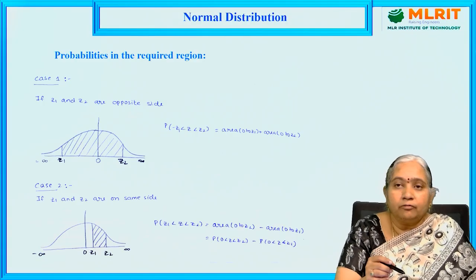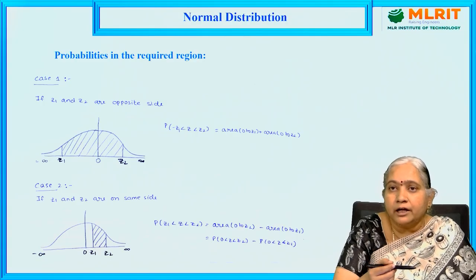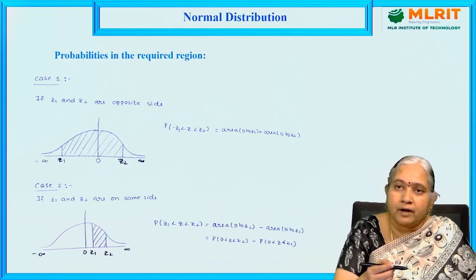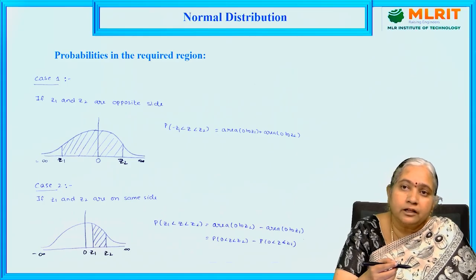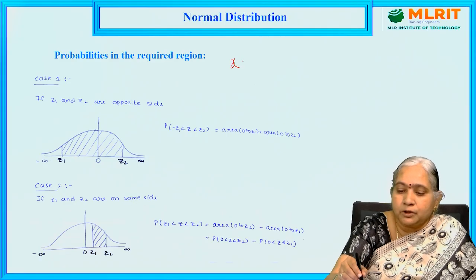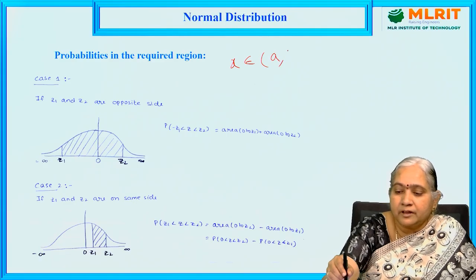And here we have different cases to find the probability of a normal distribution for given x values. So here we find the probabilities in a particular range of x, or in a particular interval of x. So that is x belongs to (a, b). This is the interval.